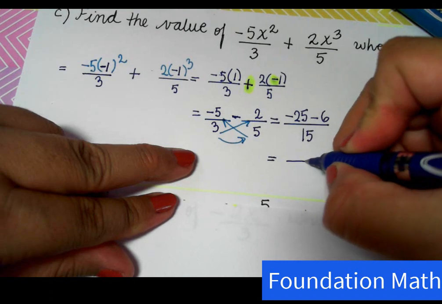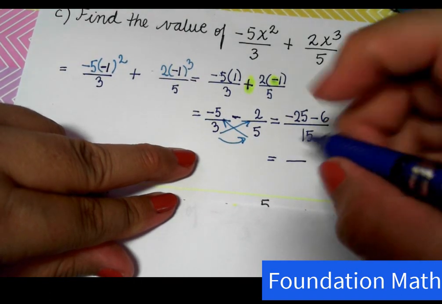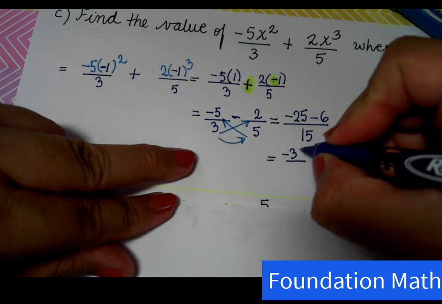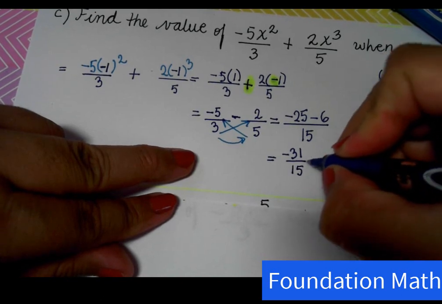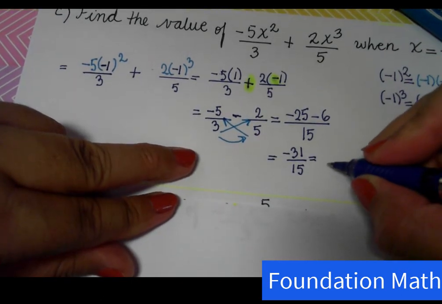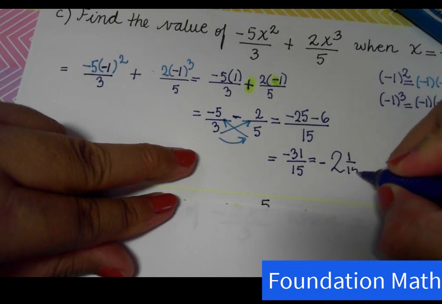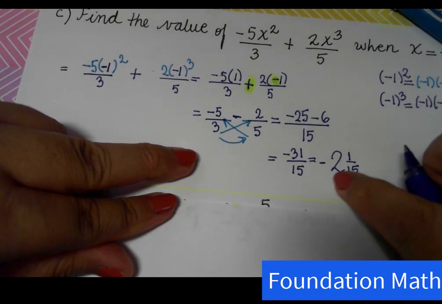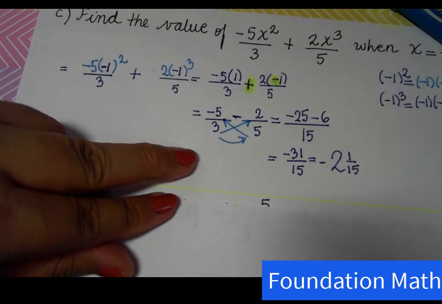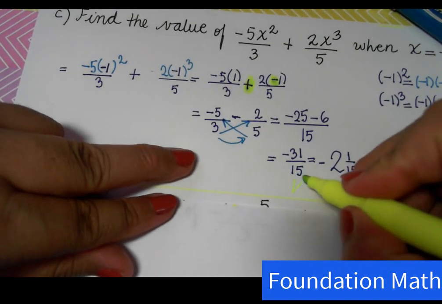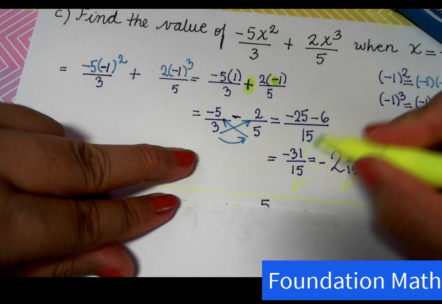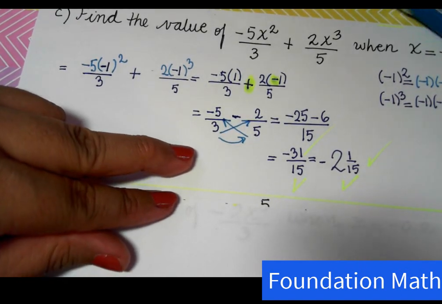And finally, negative 25 with negative 6 is negative 31 over 15. How many 15s do we have in 31? 2, and 1 is left. 15 times 2 is 30, plus 1, 31. So the correct answer is this and this. Both of them are right, they are equivalent values.